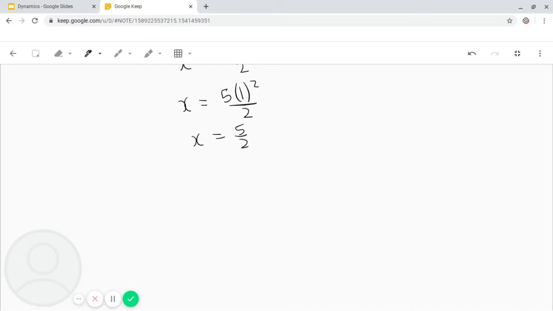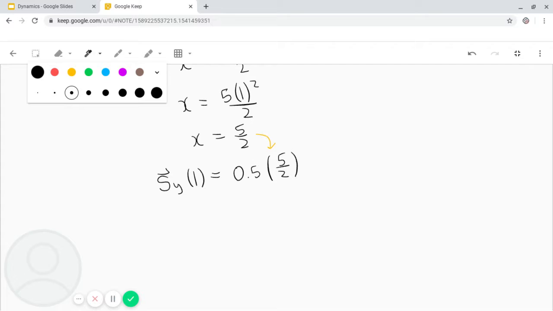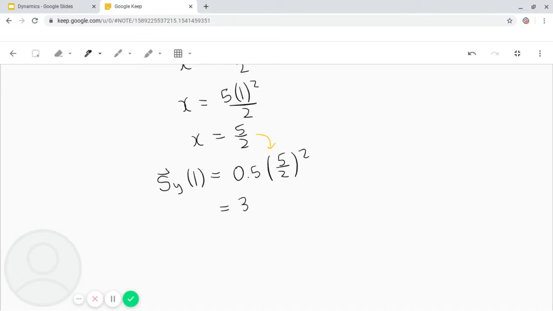What we'll do first is use the path equation. We'll call it y1 equals 0.5 times 5 halves, which just comes from the x here since that's the path equation, squared, and that is equal to 3.125.